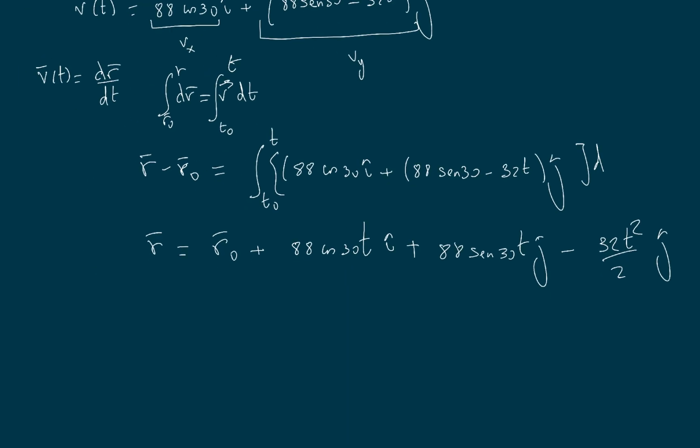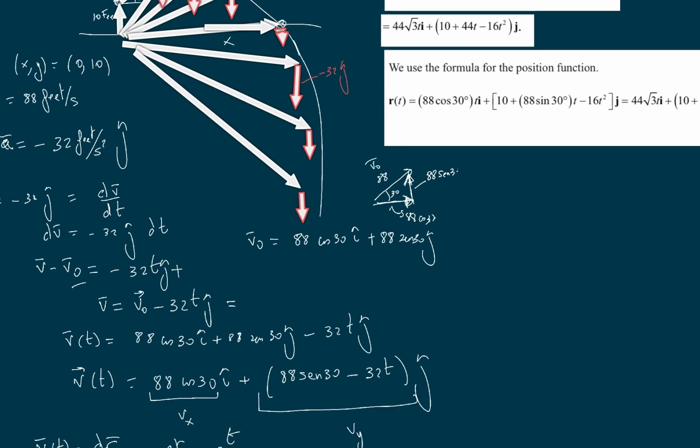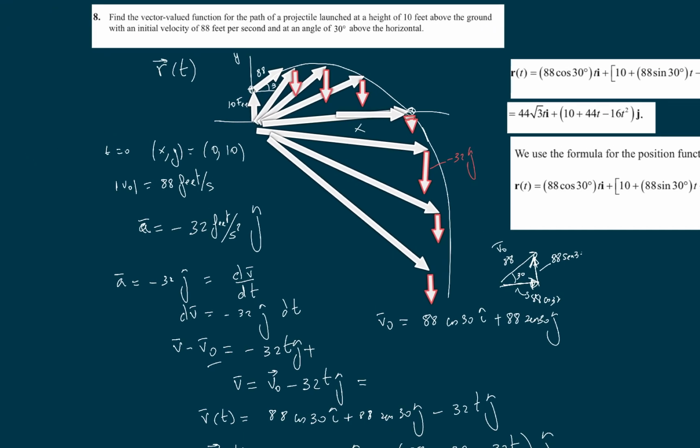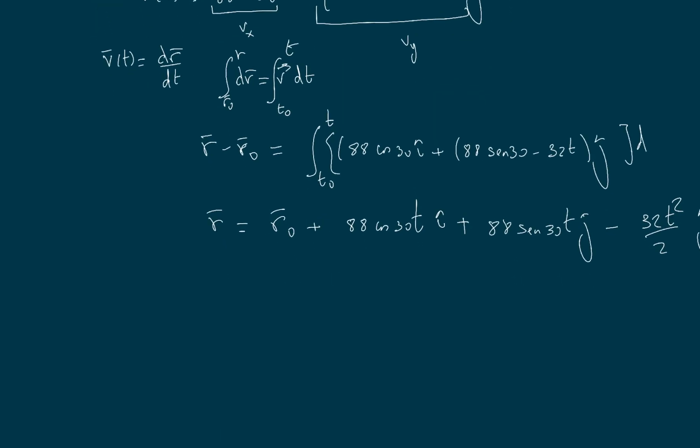So I found r. The problem says that the initial position is... no, the initial position is the vector 0i plus 10j.